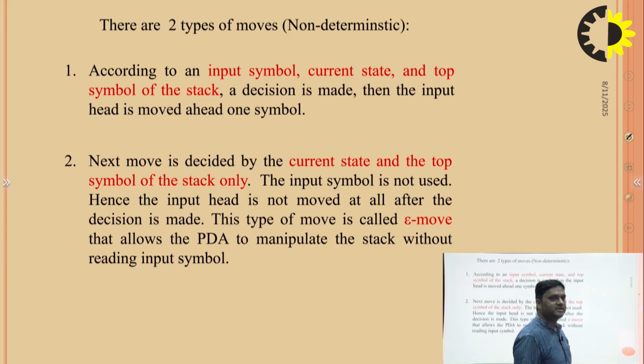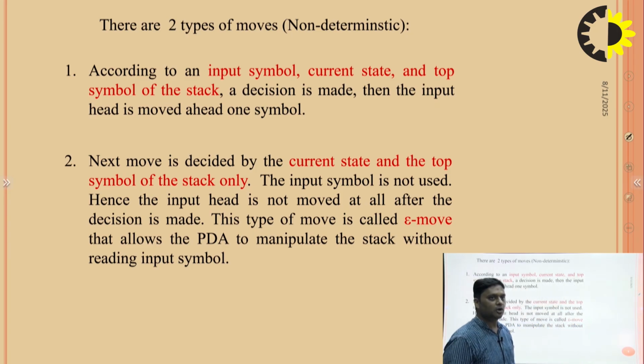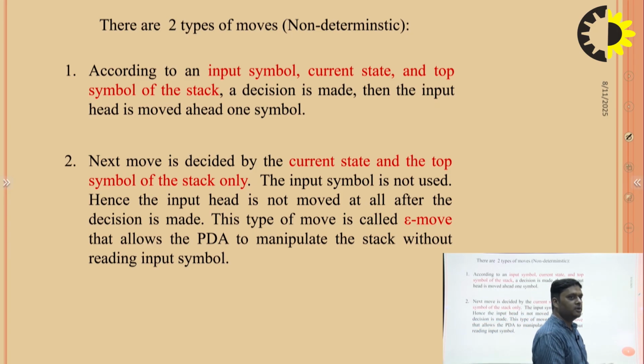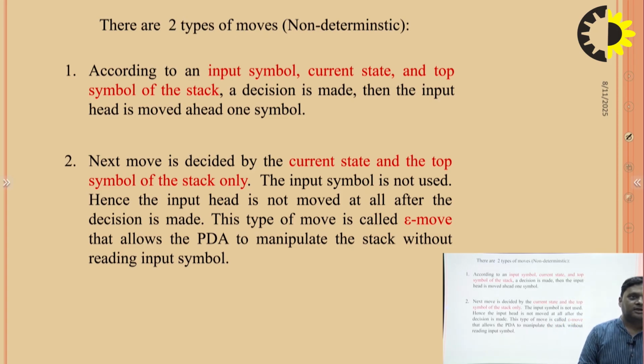The next move is decided by the current state and the top symbol of the stack only. The input symbol is not used, hence the input head is not moved at all after the decision is made. This type of move is called an epsilon move, that allows the PDA to manipulate the stack without reading an input symbol.